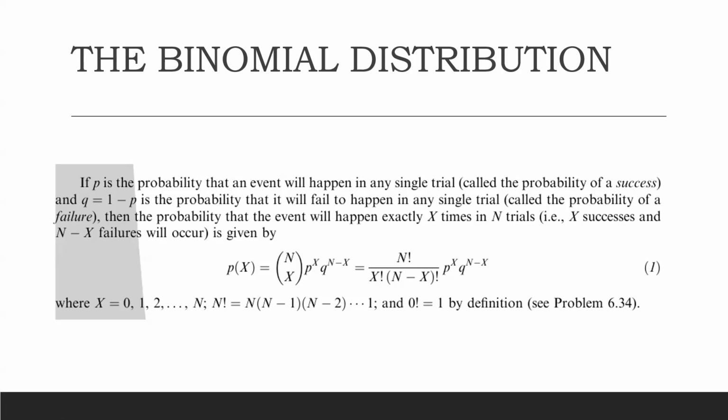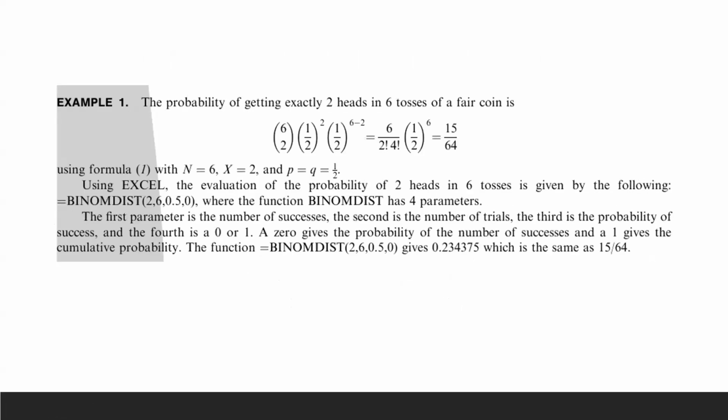Okay, let's see another example. Here, the probability of getting exactly two heads in 6 tosses of a fair coin. 2 is our focus object. Okay, 2 heads from 6 tosses.